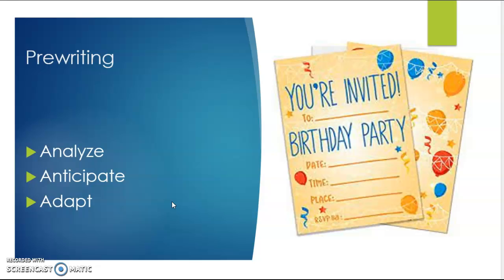Now, a very simple way that I teach to this subject of pre-writing is to think birthday party invitation. Think back when you were a child. When that birthday party invitation came home, oh man, that was so exciting. Even better if it arrived in the mail. The items on a birthday party invite are simple.